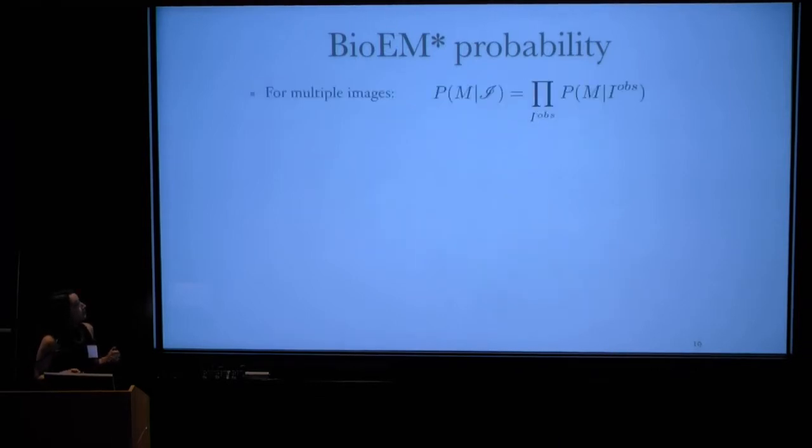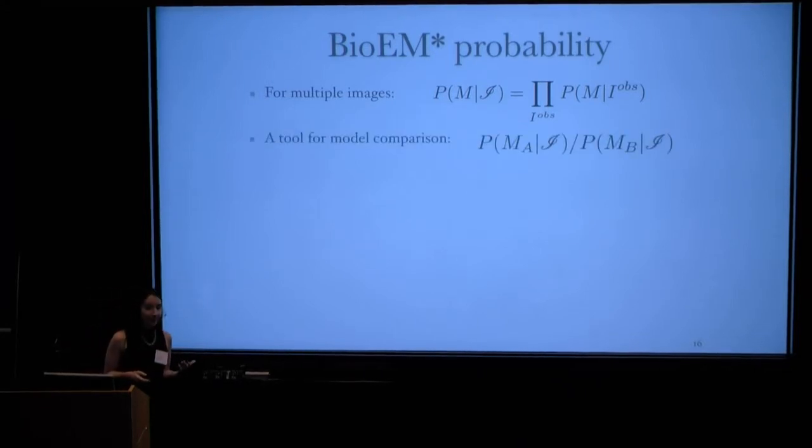So this was for one model, one map, and a particle image. So for multiple images, the posterior probability is simply the product of all the individual probabilities of those images. So this is like the cumulative log posterior. So basically, it would be the sum of the logarithm of the posterior probabilities.